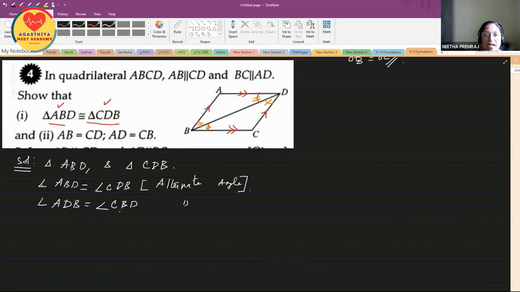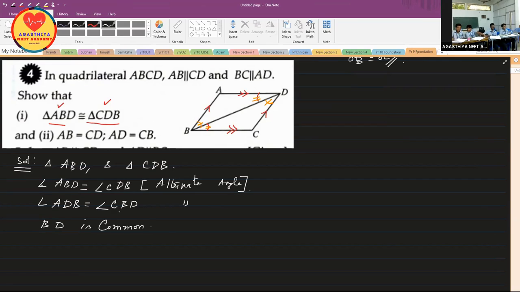Okay, tell me, what about BD? BD is common for both the triangles. Then, by what criteria are they congruent? Very good, angle side angle.